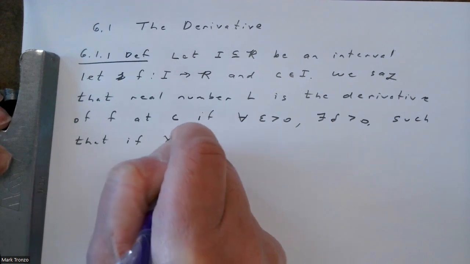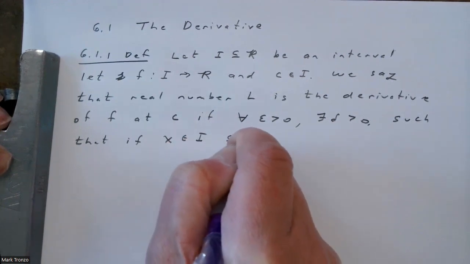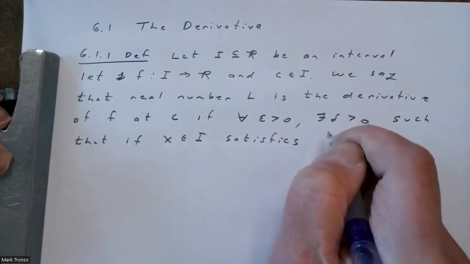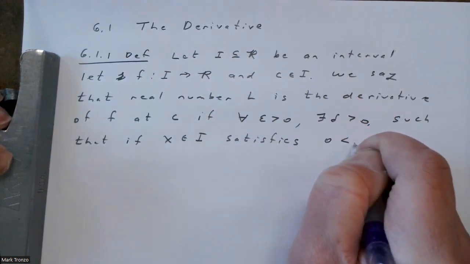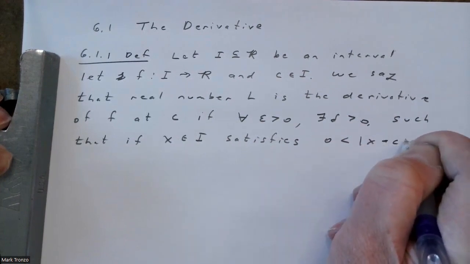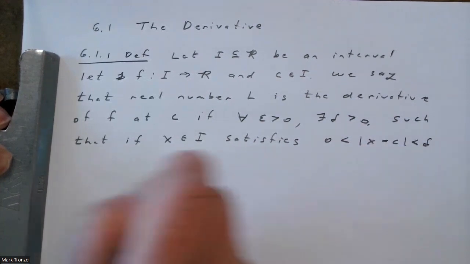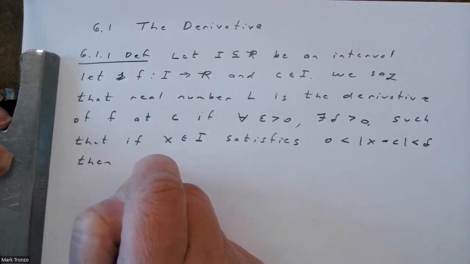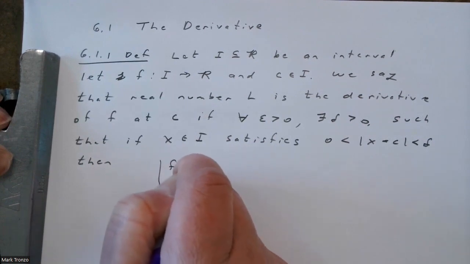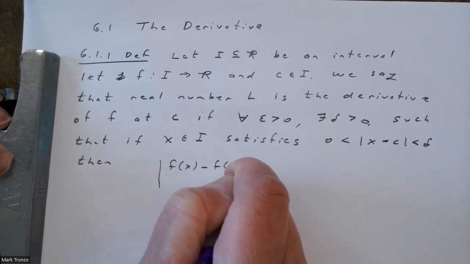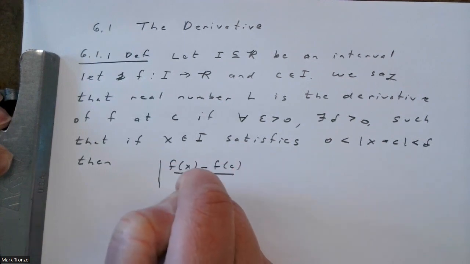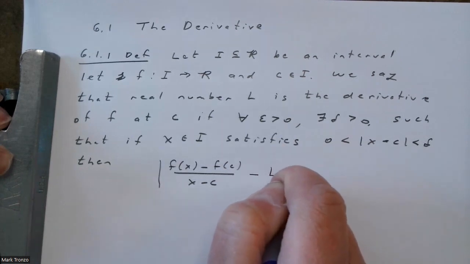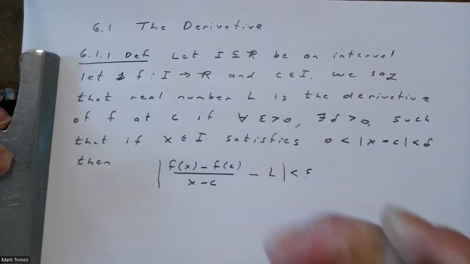If x in the interval satisfies |x minus c| less than delta, then |(f(x) minus f(c))/(x minus c) minus L| is less than epsilon.